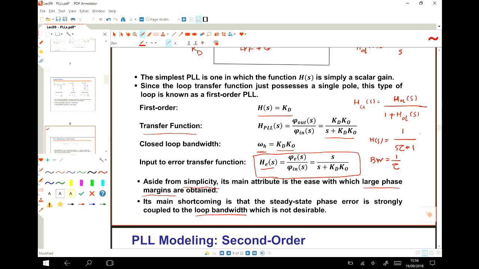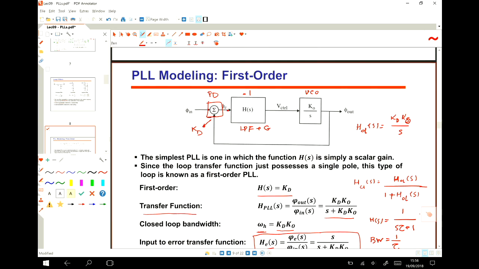All right, I have one question for you. If we have a signal V in equals A cosine omega t, then what is the value for phi in of S? AS over S square plus omega square.